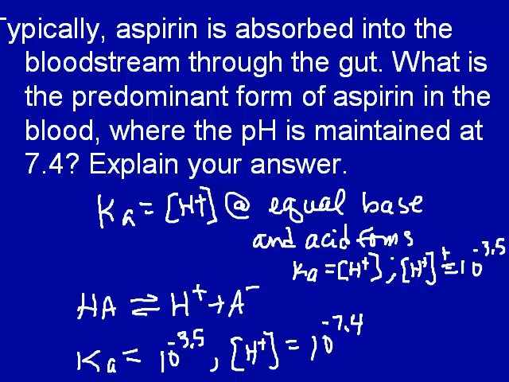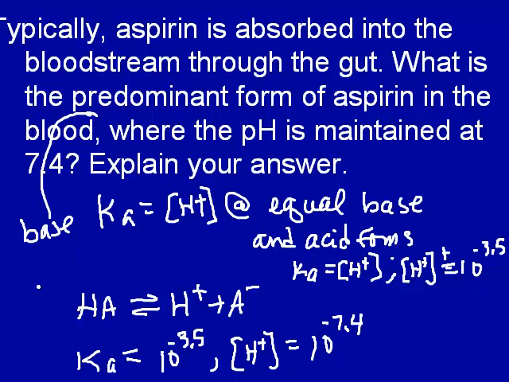The fact that H plus is not equal to that, in fact it's less than that, means that this concentration has decreased relative to the amount that would have equal amounts of acid and base. If you decrease this concentration, the reaction will shift over to the right, and therefore produce more of the base form compared to the acid form. So the predominant form is base in the blood.